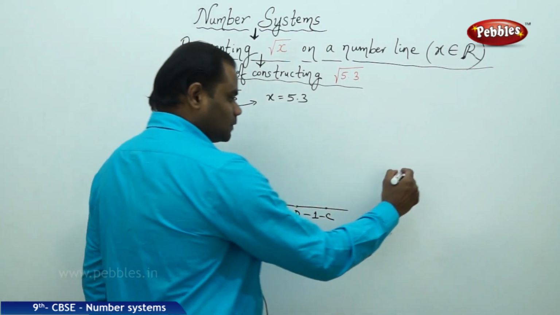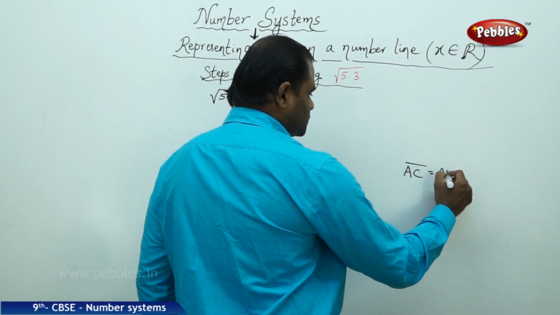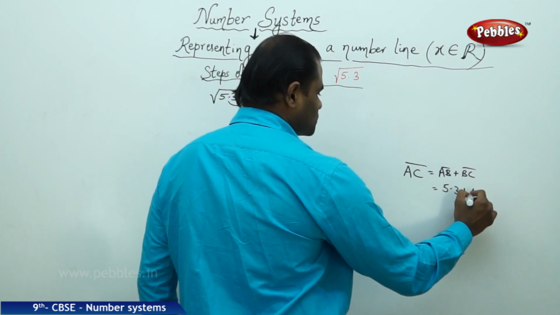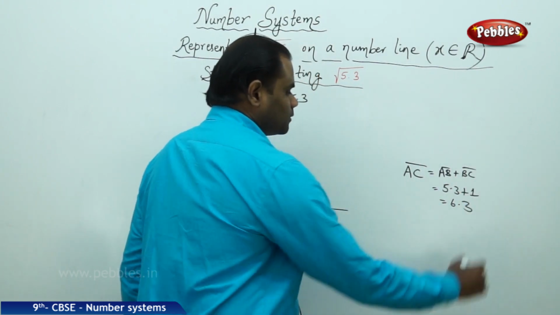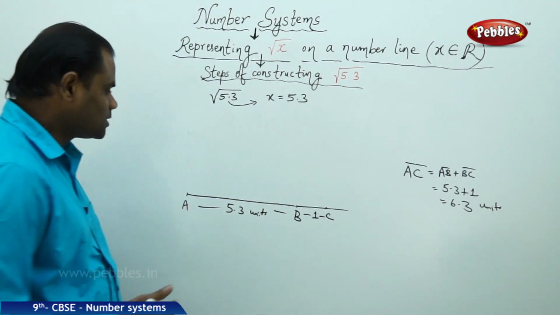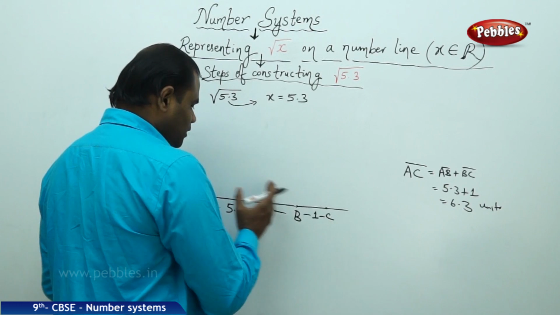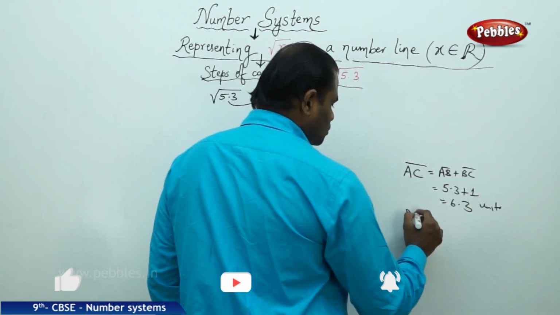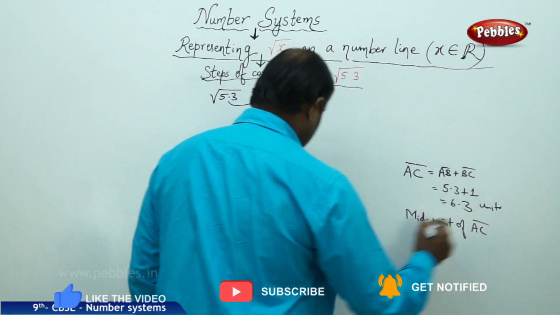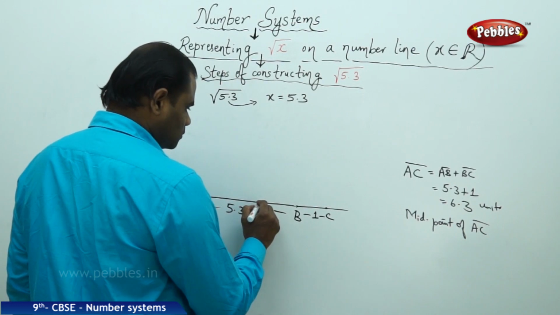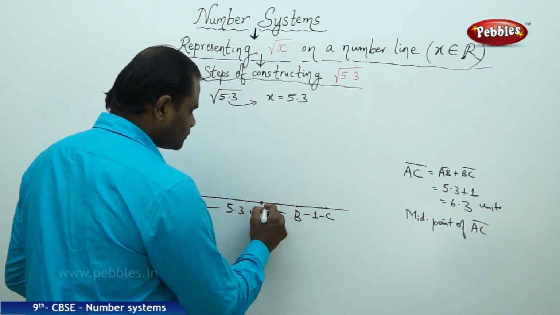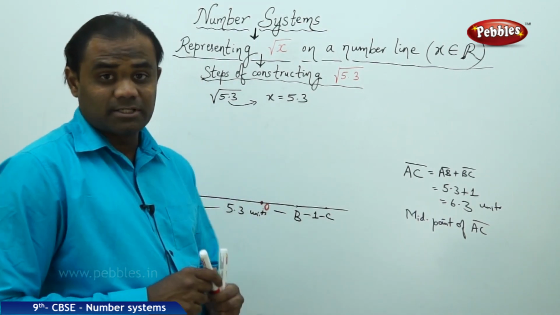Now I have AC, which is AB plus BC, that is 5.3 plus 1, which is 6.3 units, and this is the diameter of the semicircle. Now using this complete line segment, I will find the midpoint of AC, which I mark as O, and which is assumed to be the center of the circle.